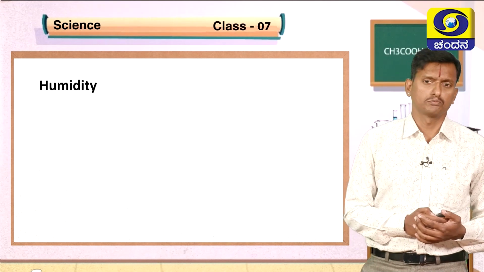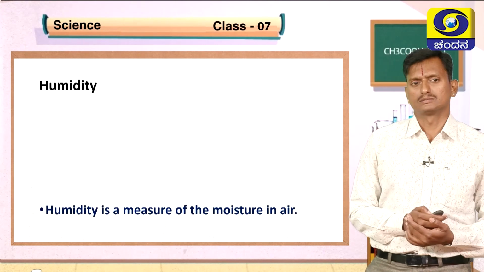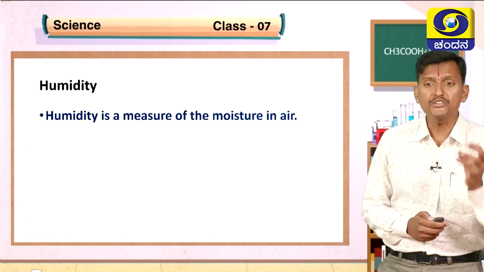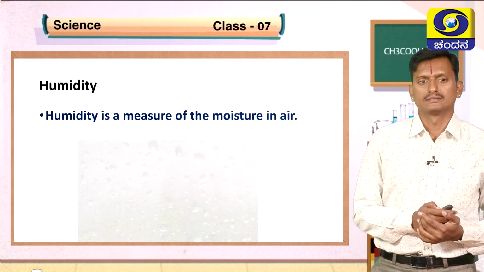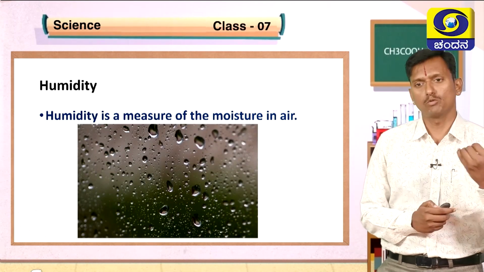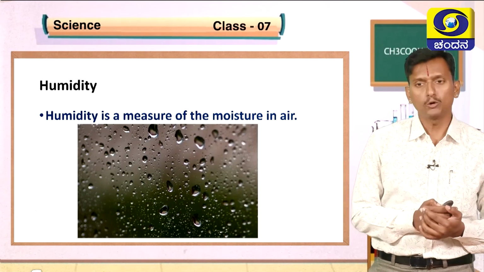Come to humidity. What is humidity? It is a measure of the moisture present in air. You can come across this in the early morning when you come outside, you will feel a little cold.